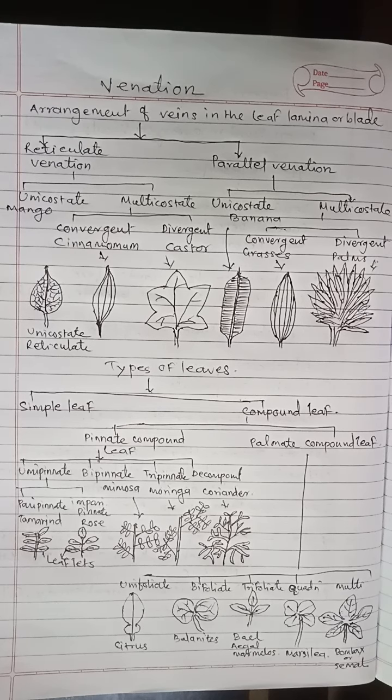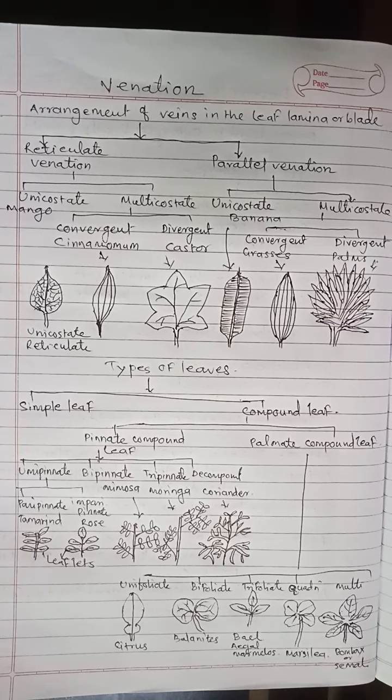The rachis is terminated by a single unpaired leaflet. Example, rose, neem. These are the examples of imparipinnate unipinnate compound leaf. In unipinnate, on the primary rachis, leaflets arise on either side of the rachis.